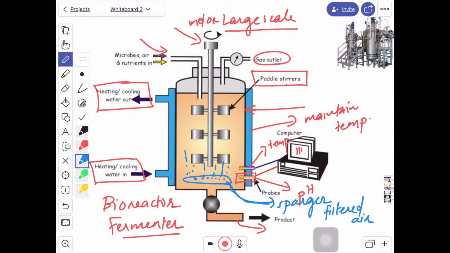Based on the requirement, the outlook, appearance and internal structures of the fermenter are different. Some other fermenters are the airlift fermenter, bubble tank fermenters and many other types of fermenters that are available.